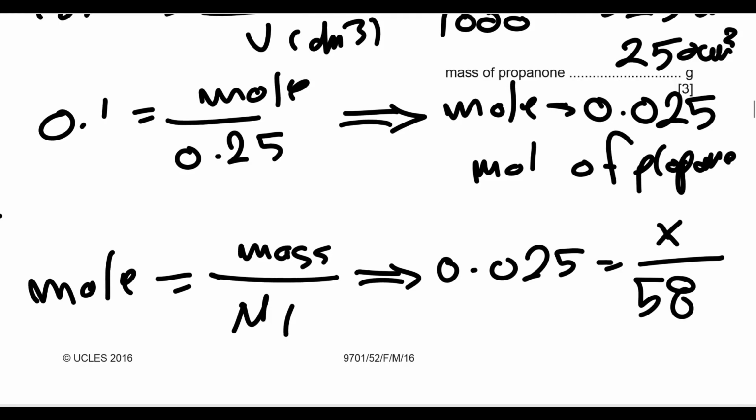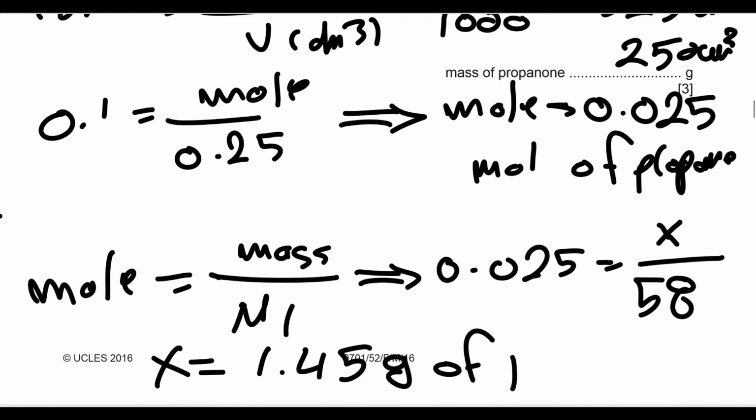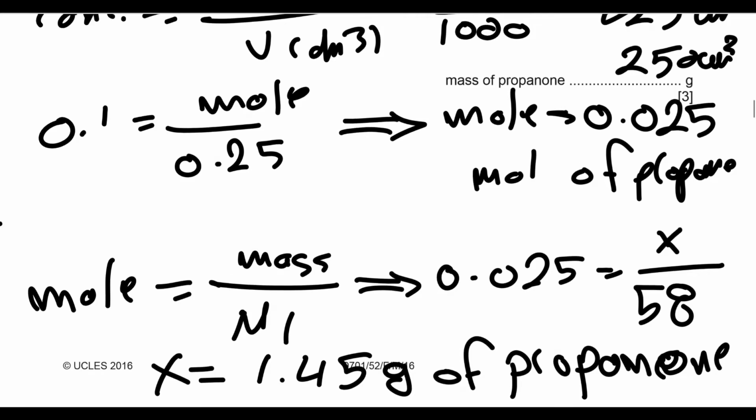So X, which is mass, equals 1.45 gram of propanol. Okay, so here we have calculated the mass of propanol which is needed to prepare this standard solution with concentration 0.1.